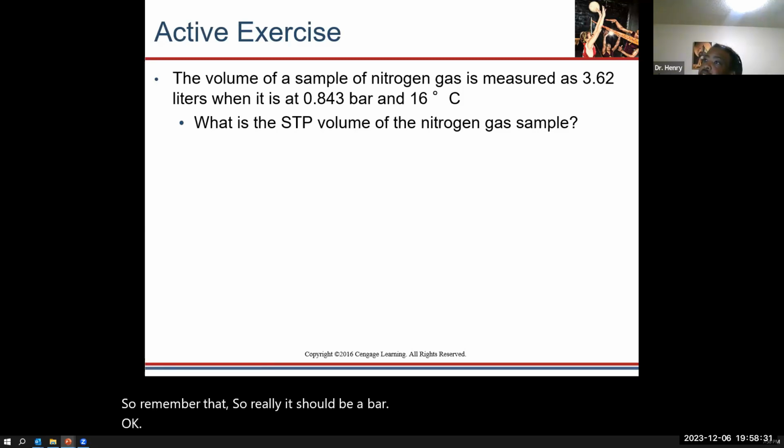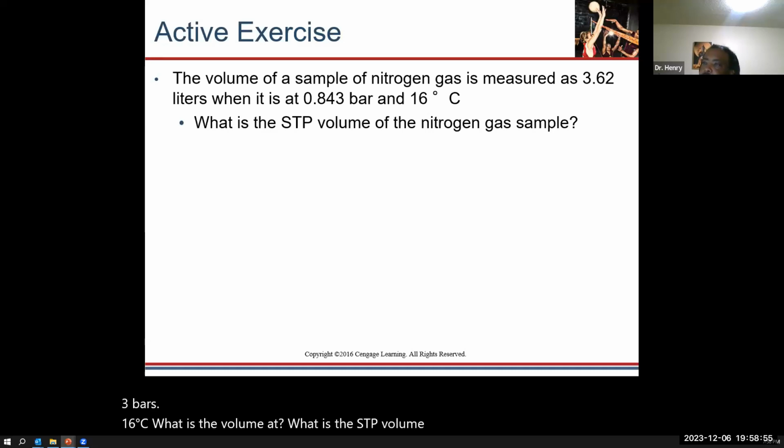So the volume of a sample of nitrogen gas is measured at 3.62 liters when it's at 0.843 bars and 16 degrees Celsius. What is the STP volume of the nitrogen gas sample?